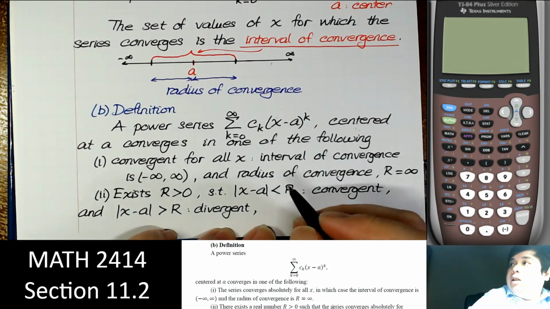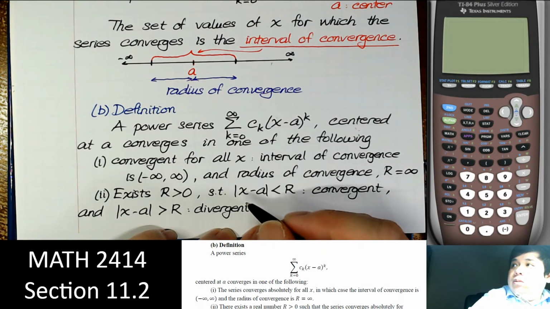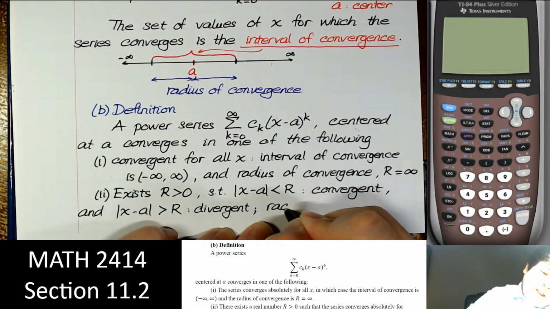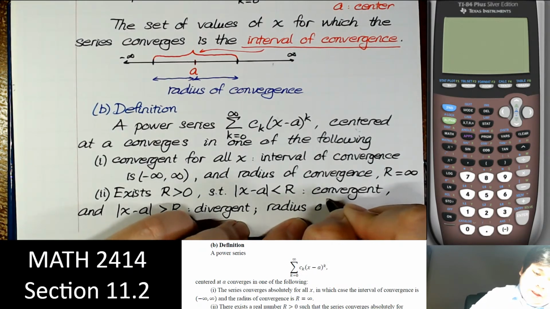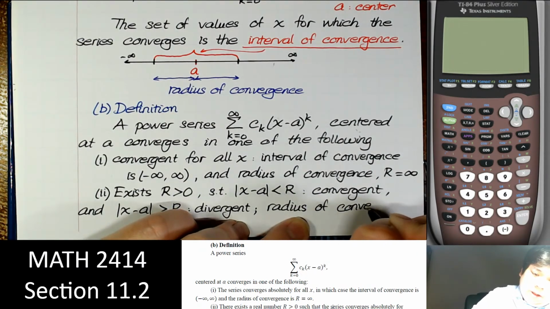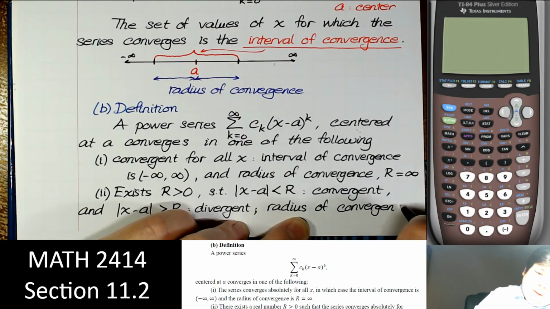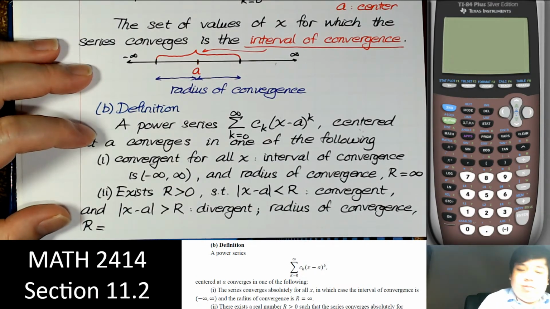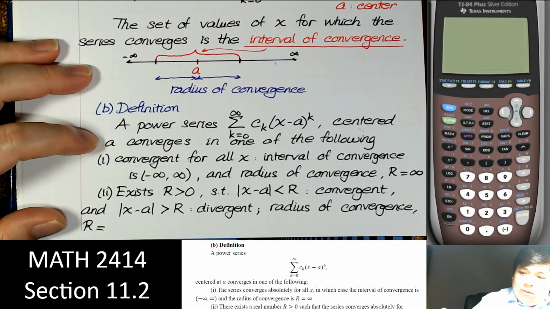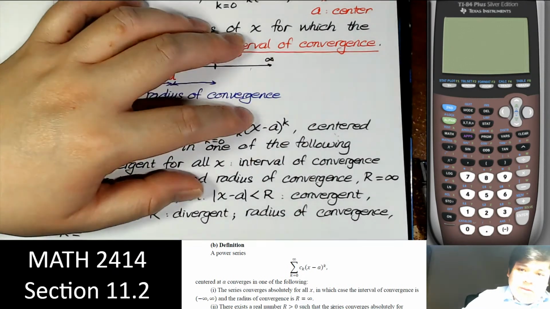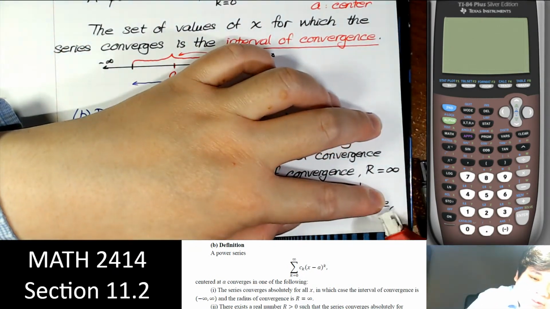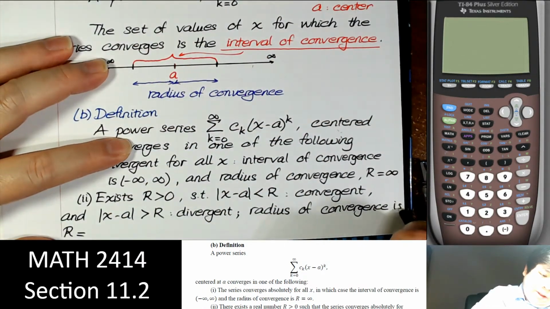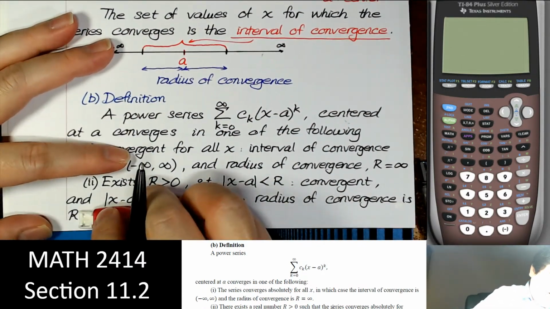And the radius of convergence is equal to r. Sorry, radius of convergence is r.